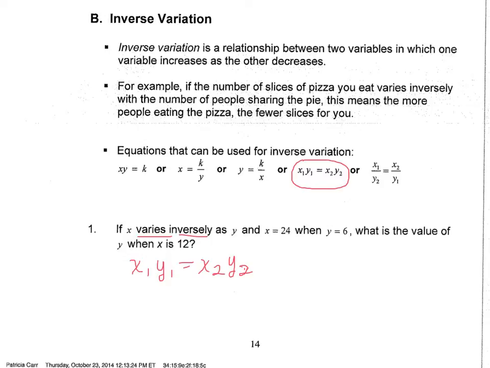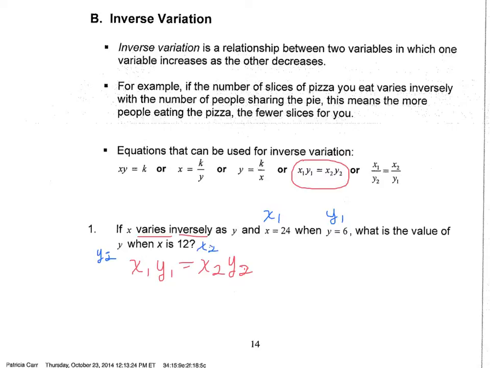So x equals 24 is the first value I see of x, so it's going to be x1. y equals 6 is the first y value, so it's going to be y1. Find the value of y. That's the second y, and it has no value, so it's got to be y2. And therefore, x is 12. That's the second x value, so that's going to be x2.